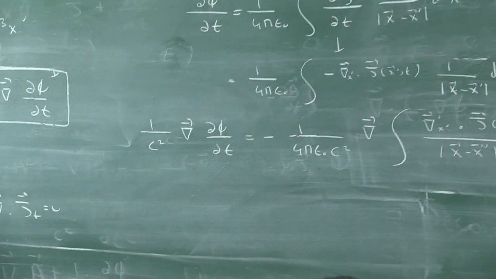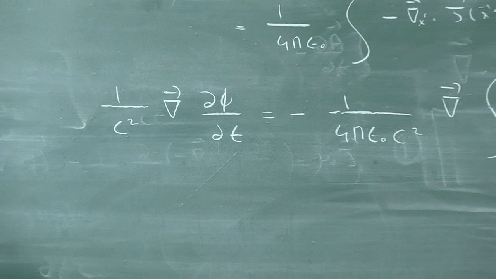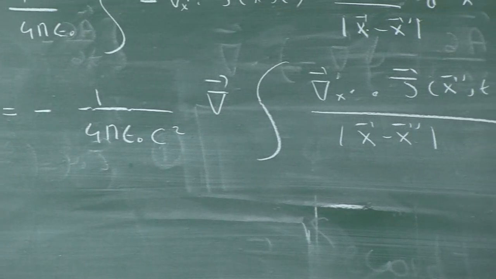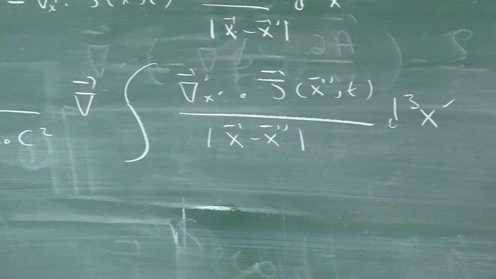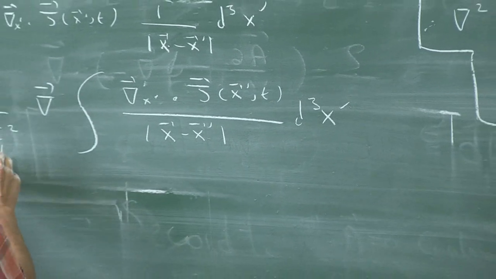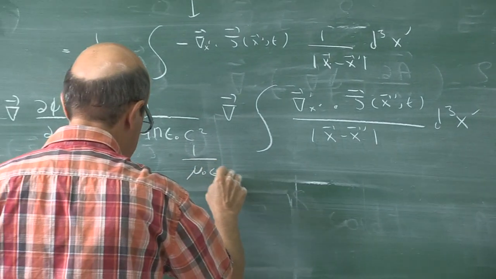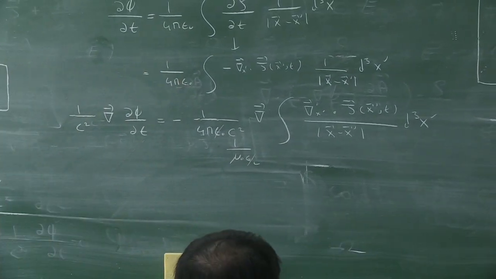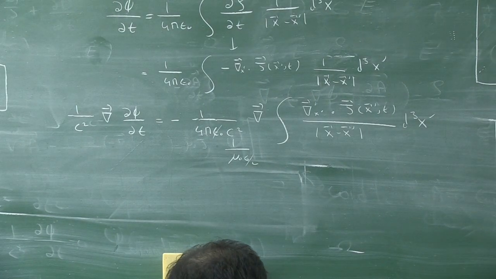So this will be that. And what is next? So 1 over c square is, you know, 1 over mu 0 epsilon 0, so epsilon 0 is cancelled out, and that is in that form.